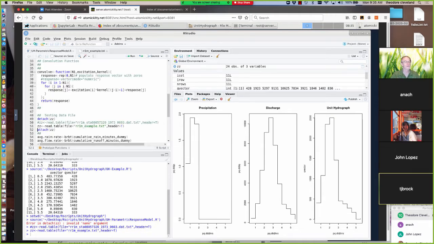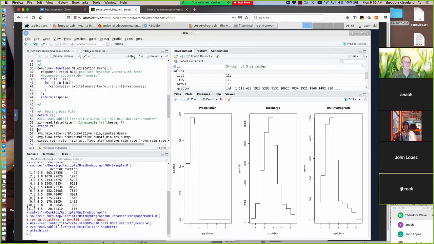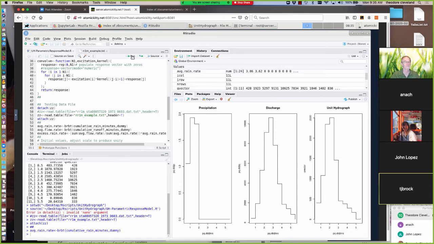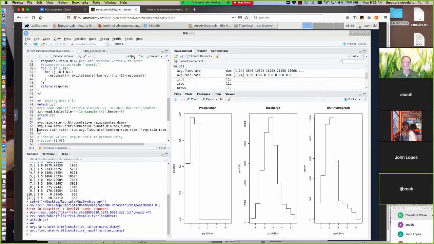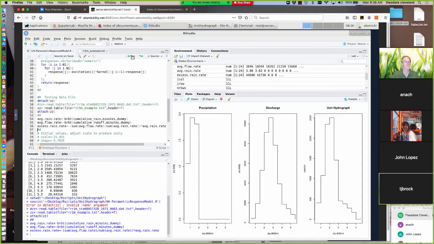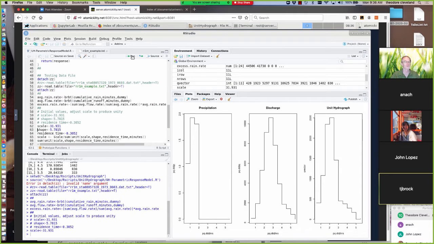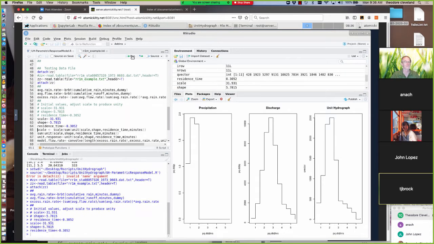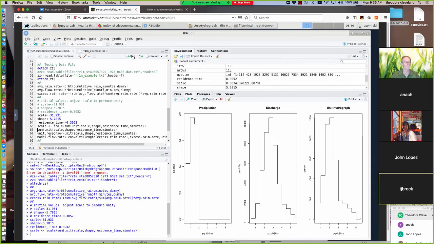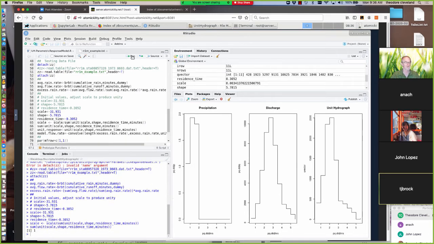So now we'll return to the program. Let's see, we'll attach the headers, compute the average rainfall rate, average flow rate, excess rainfall rate. So now we will compute scale, and we will verify that we get a 1 back, which we do.